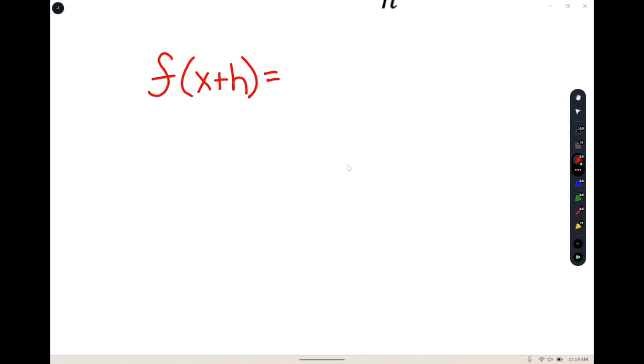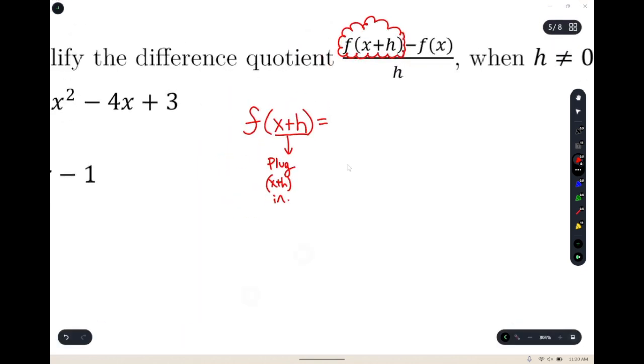Plug in x plus h. Yes. Just like if I had shown you this, zoomed in, and said what do you do, you all would have said plug 3 in. When you see this, all our brain should think is plug x plus h in, as ugly as that is. Okay, so let's plug it in.